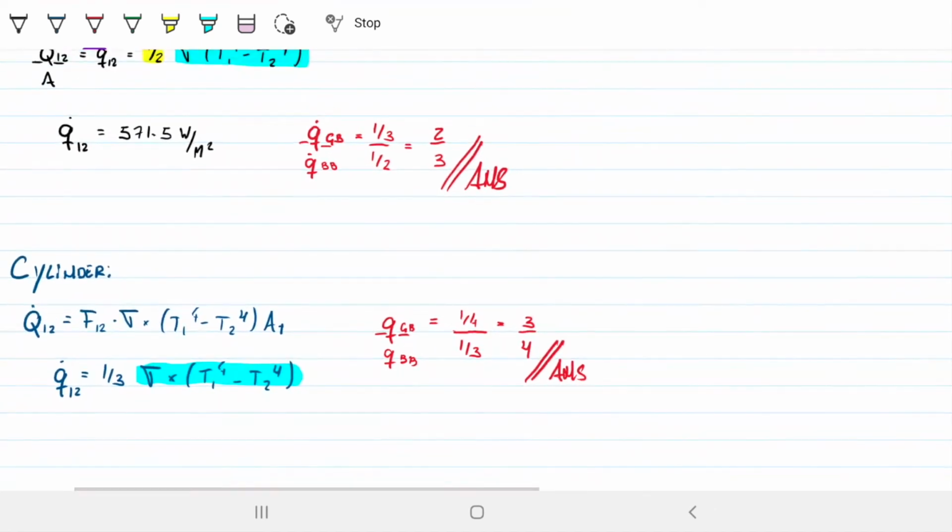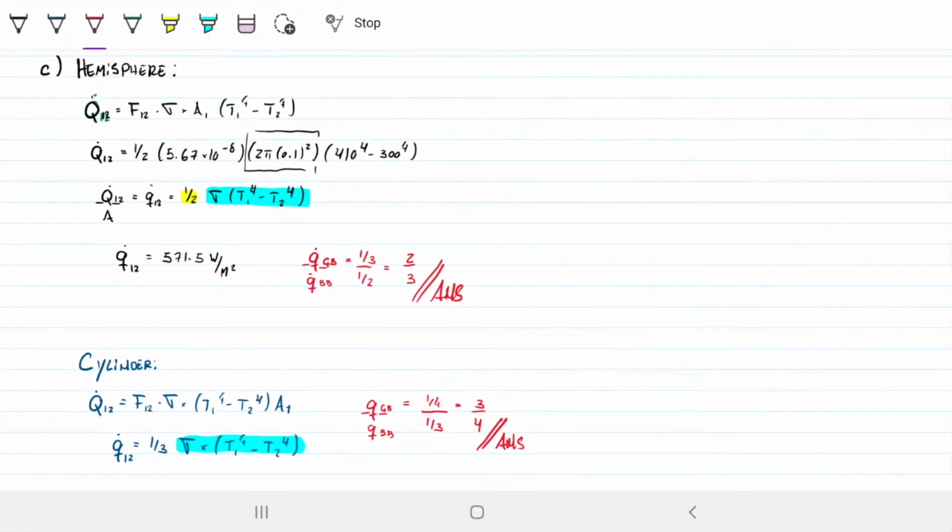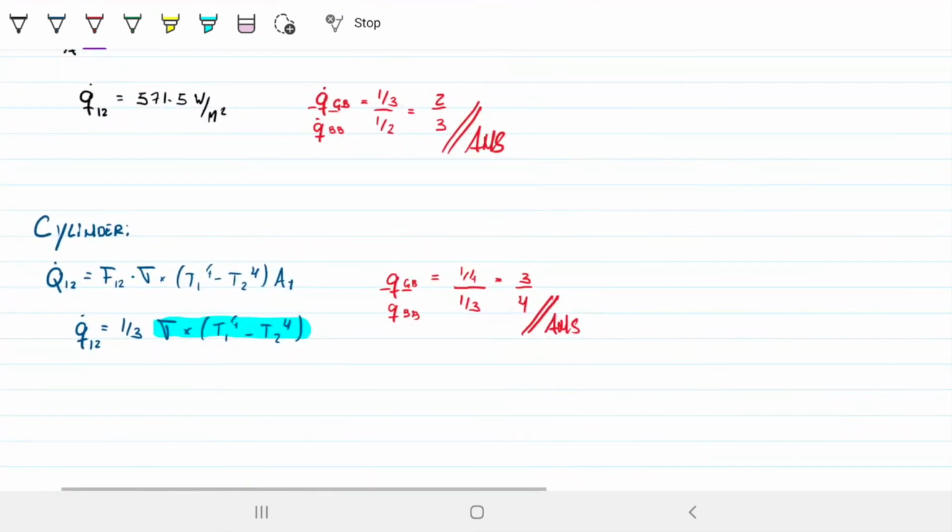So if we're comparing with the hemisphere cavity, then the gray body emits 2/3 of what a black body would. And if we're talking about the cylindrical cavity, then the gray body emits 3/4 of what the black body would. So if the cavity were a black body, it would emit more energy. If it's a gray body, it doesn't emit all the energy, so it emits only 3/4 of it.